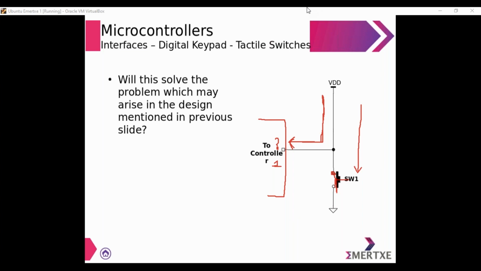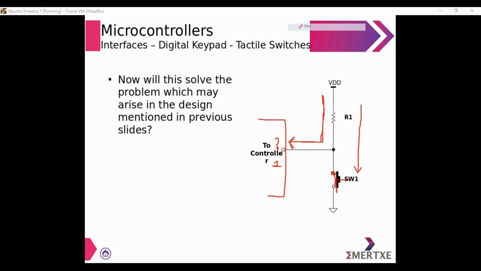It acts as a load, feeling that the current is not completely flowing to the ground. So what I can do is add a resistor along. So you can see here, I'm adding a resistor.